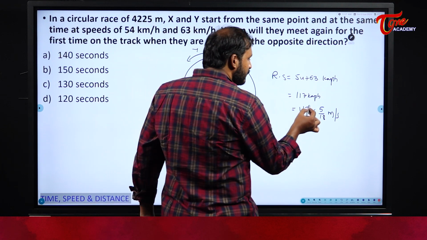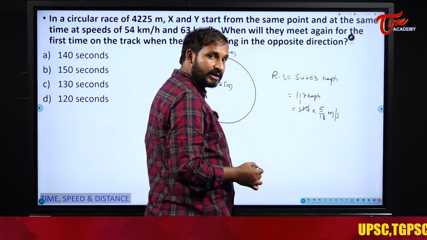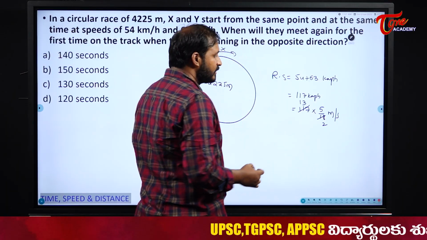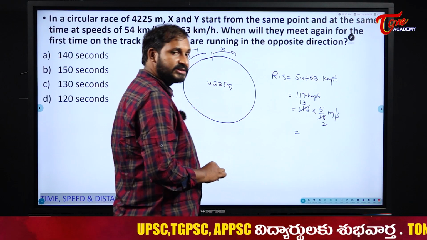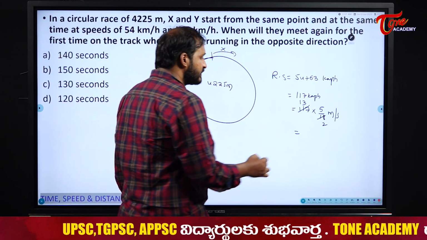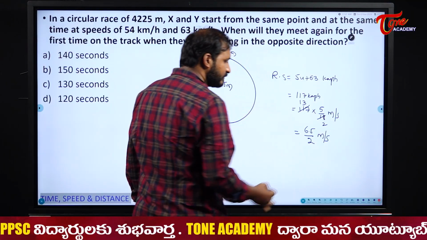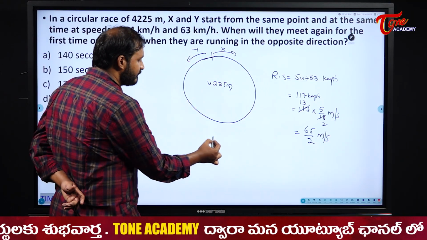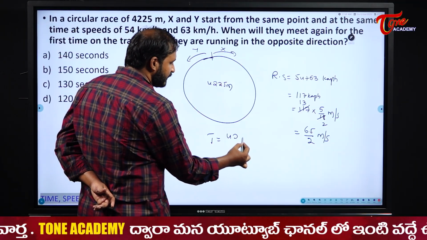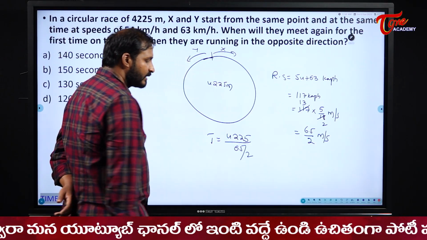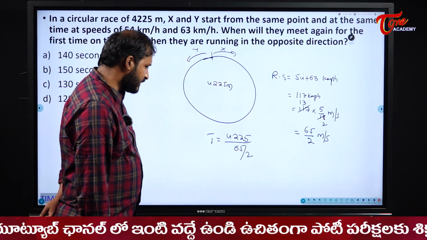In 9 table, 9 ones are 9, 9 twos are 18, and here I will get 2. So 13 fives are, it will become what, students? 13 fives are 65 by 2 meters per second is the relative speed. So now time taken to meet each other means 4,225, distance between them, by relative speed 65 by 2. Please try to cancel.